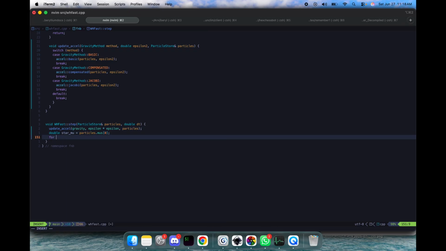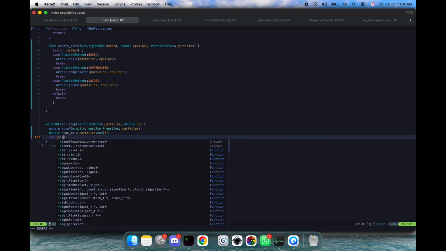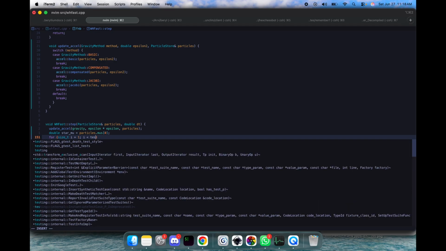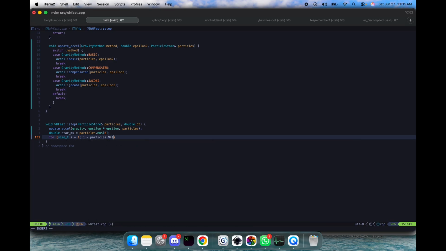Now for size t I equals 1, I less than particles dot n plus I. Here, yeah, this is just gonna be normal. That's just the dt divided by 2, which should be pragma omp parallel for, size t I plus 1, normal stuff.